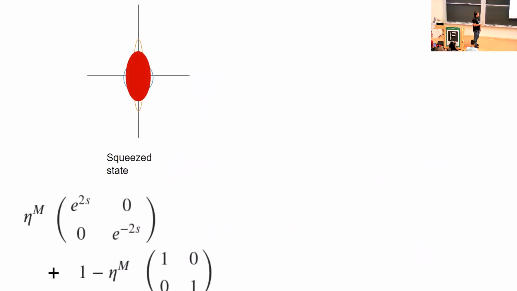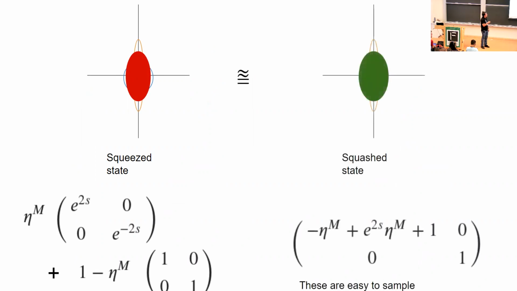Now, this state that has a little bit of squeezing is, at least by eye, not too different from this state that has no squeezing whatsoever, which we call a squashed state, that has exactly the vacuum fluctuations in one quadrature, and it has some excess noise in the other quadrature. It turns out that because this state has no squeezing, when we mix these types of states in an interferometer, this we can simulate efficiently.